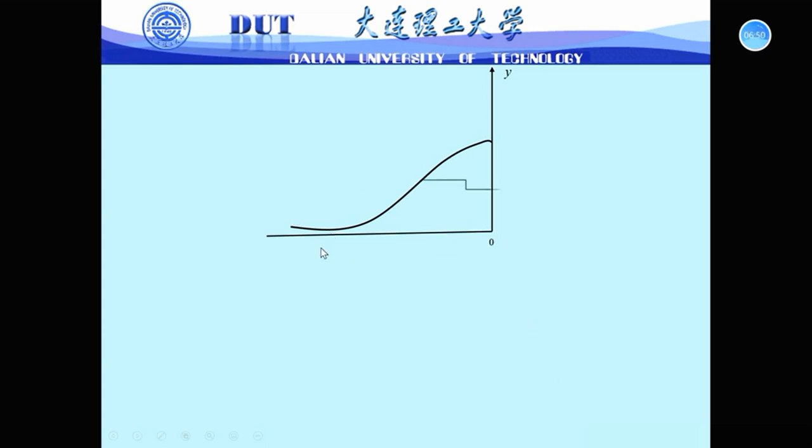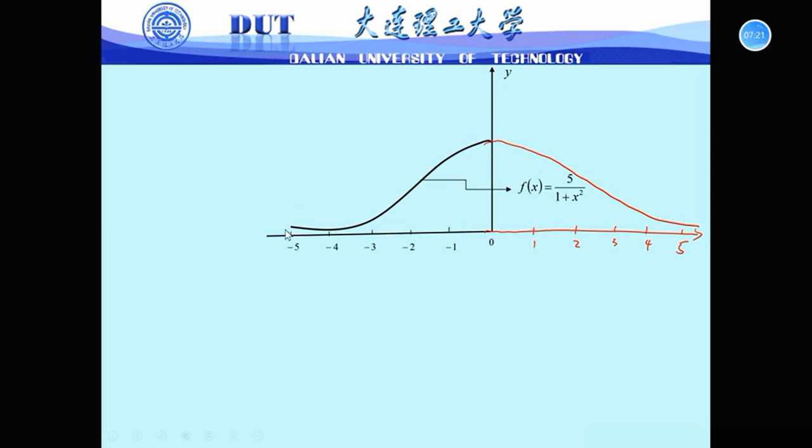Actually, it should be like this, from -5 to 5, so this figure should be symmetric. So I only show you the left side.